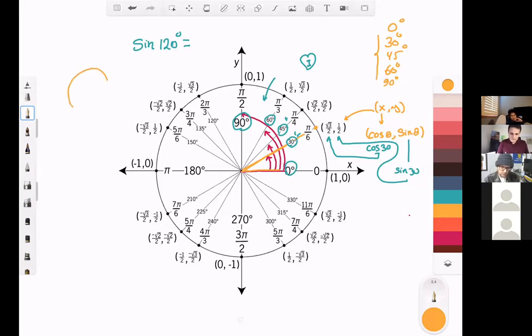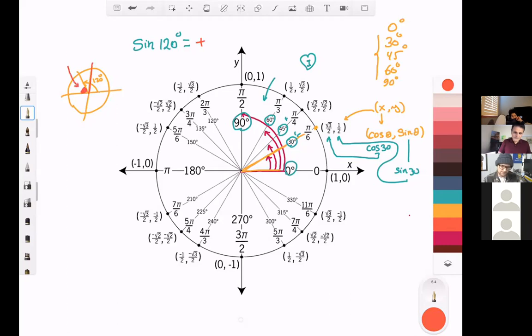If you draw 120, 120 will be here, correct? This is 120. We go to quadrant 2. On quadrant 2, you need to take care of the positive or negative. On quadrant 2, sine is positive, so you're going to say positive. And this is a reference angle, which is 60 degrees.